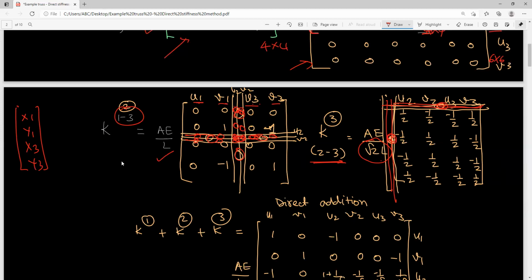So you may introduce zeros here, and now the addition is possible because all my matrices are 6 by 6 and all have uniform nodal degrees of freedom, notations and positions for each variable. So I simply do the addition now, K1, K2, K3, to get the assembled stiffness matrix.